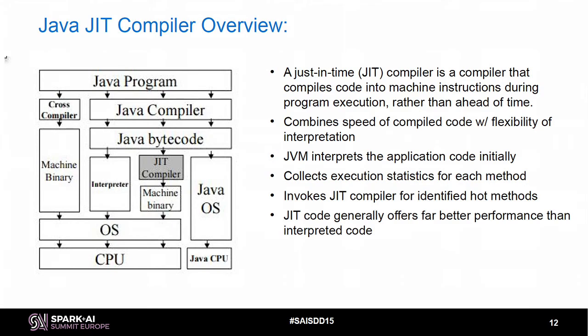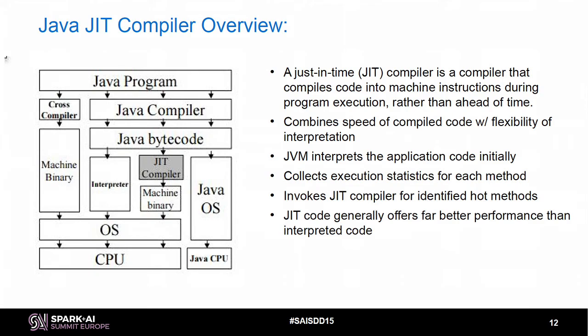When you invoke a Java application, the JVM starts interpreting the methods, and as the number of invocations reaches a specific number, it tags such routines as hot and compiles the bytecode into machine instructions, using the execution statistics it has collected for that routine.